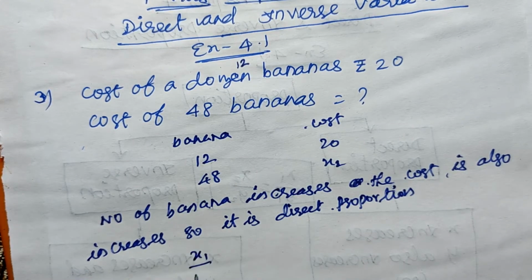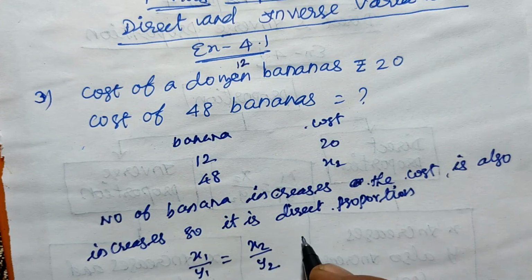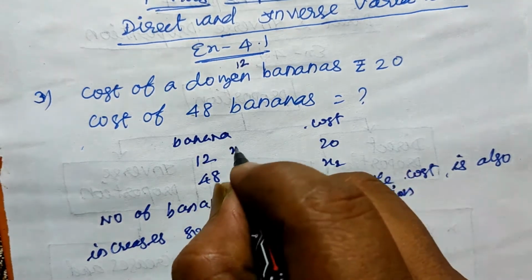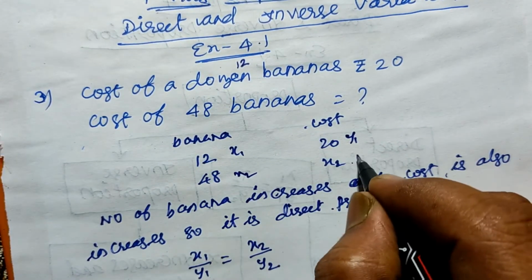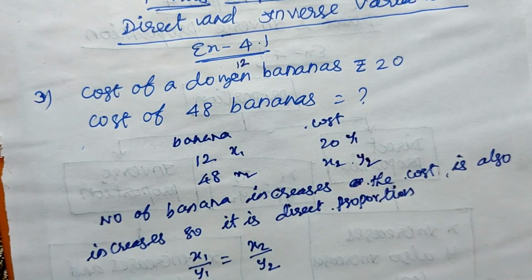x1 by y1 equal to x2 by y2. அப்படியே இதில் இருக்கிறத அப்படியே அப்ளை பண்ணுங்க. What is that? Sorry, this is x1, then y1, x2, y2, right?